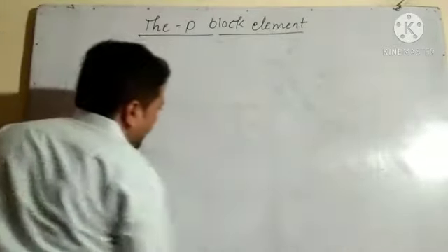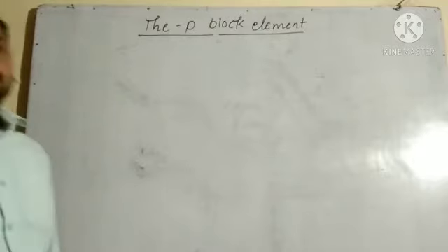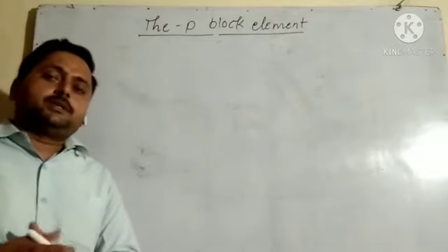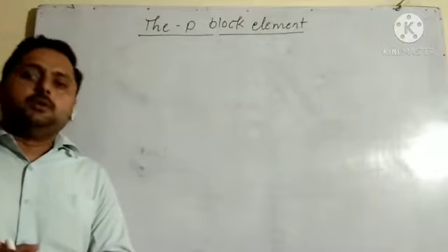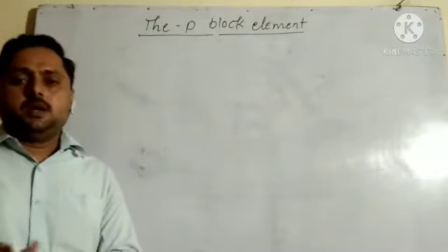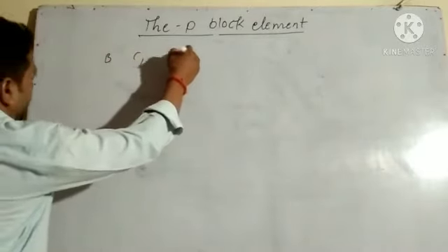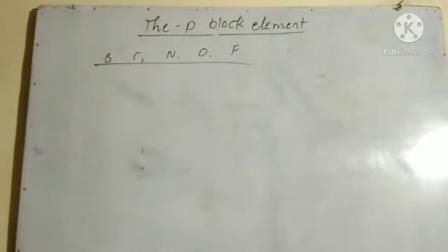The first member of each group shows different behavior, like in the s block elements. They have different behavior from other elements due to small size, means boron, carbon, nitrogen, oxygen, fluorine, etc. at the very top show different behavior from other elements of the same group.